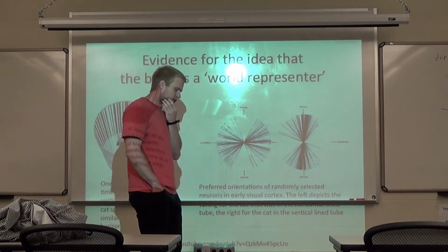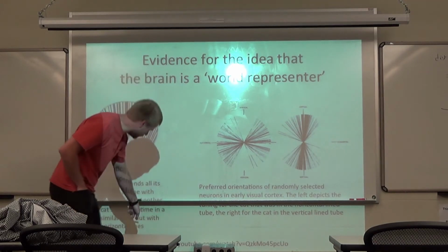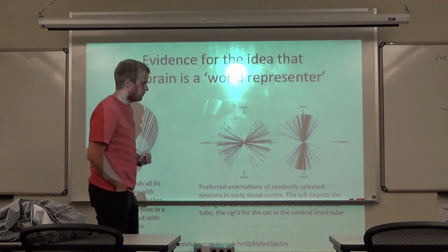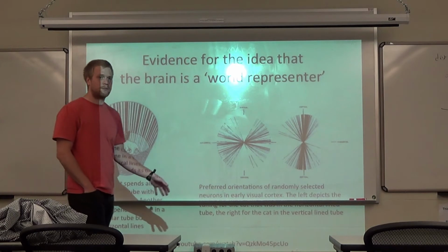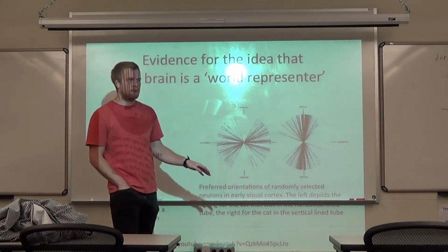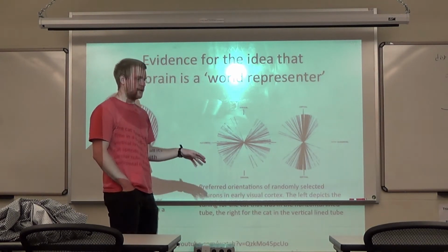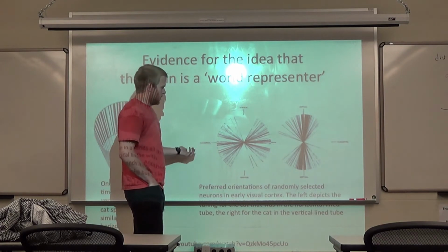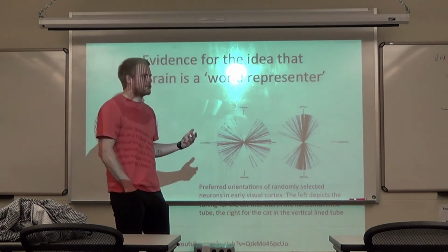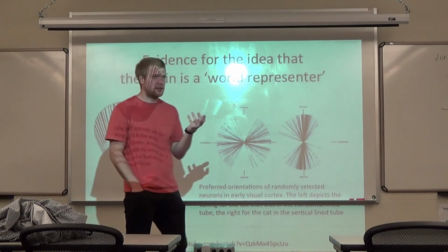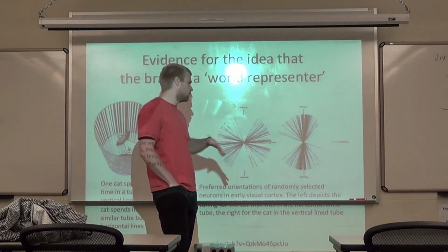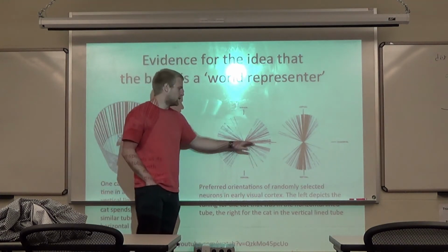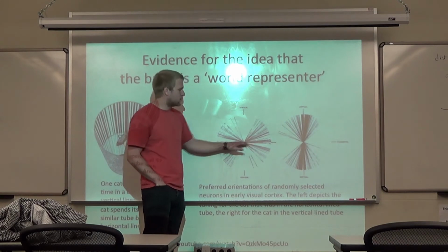Now, I put a video down here which shows some behavioral experiments. It wasn't just the case that the neurons were responding, because maybe the cat could still see vertical lines somehow, even though the neurons are selective to horizontal lines.